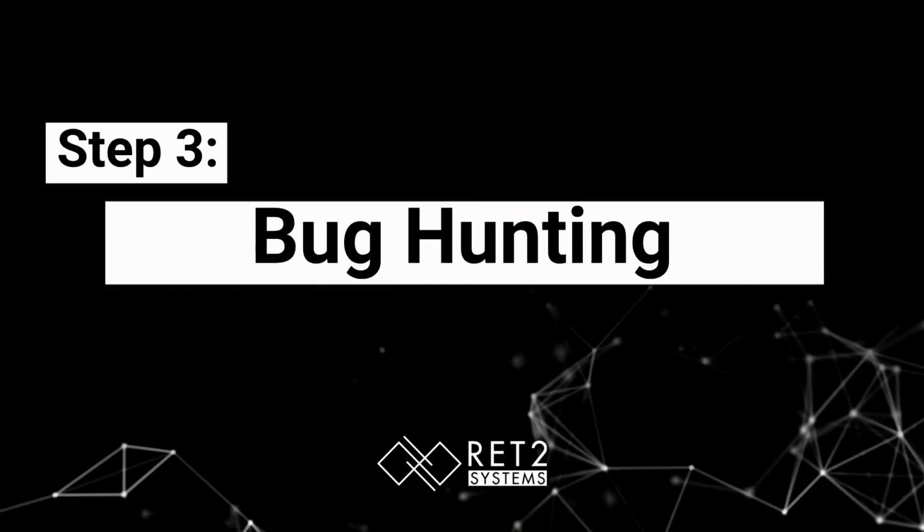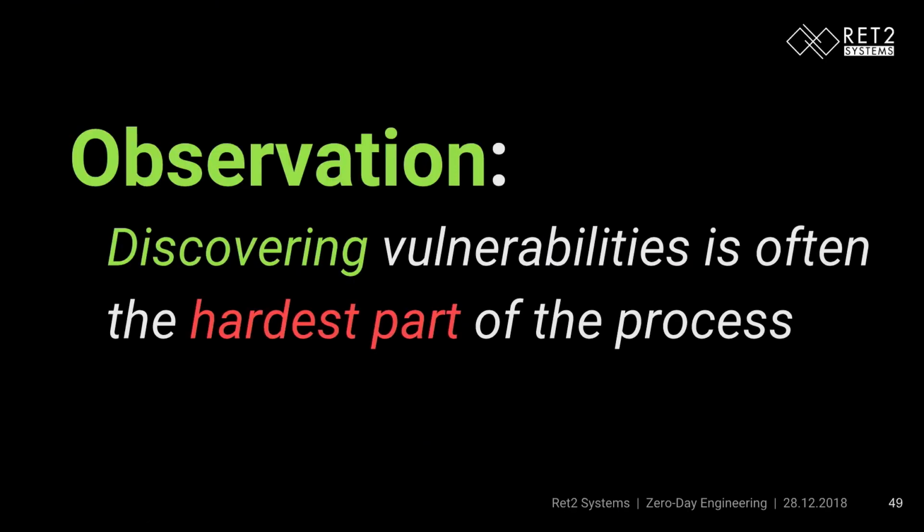All right. Step 3. So after all this talk, we're finally getting to a point where we can start probing and exploring the code base in greater depth. This step is all about bug hunting. As an individual researcher or a small organization, the hardest part of the zero-day engineering process is usually discovering an exploitable vulnerability.